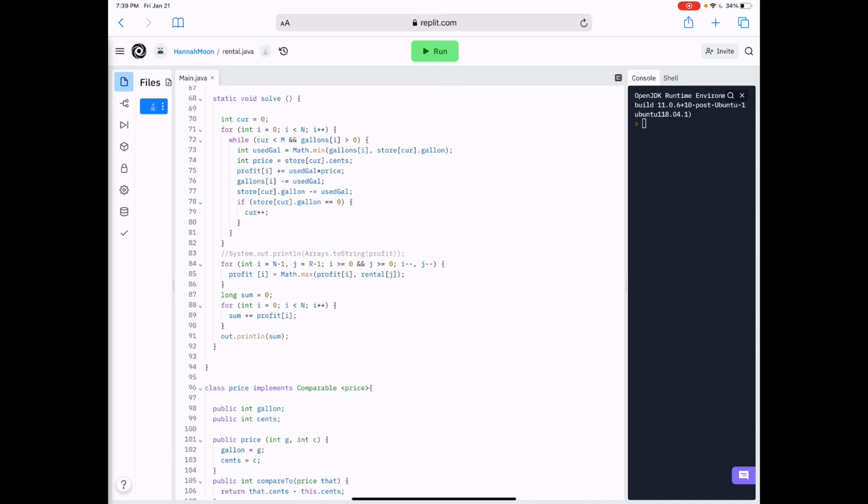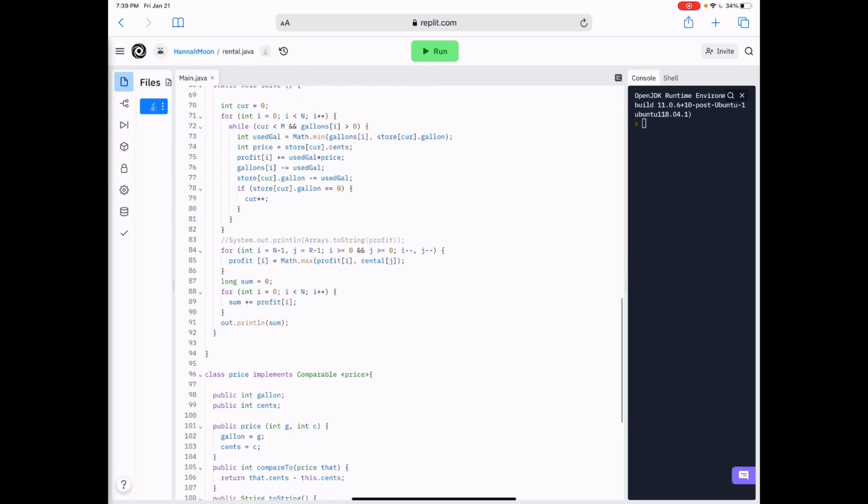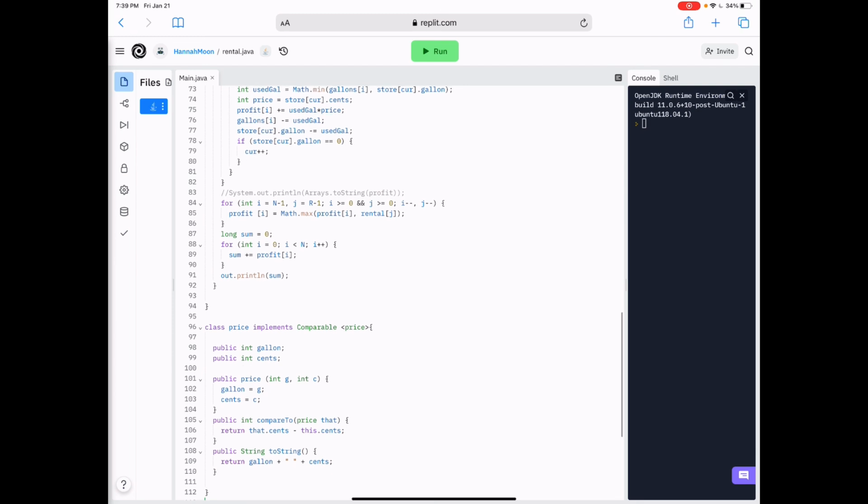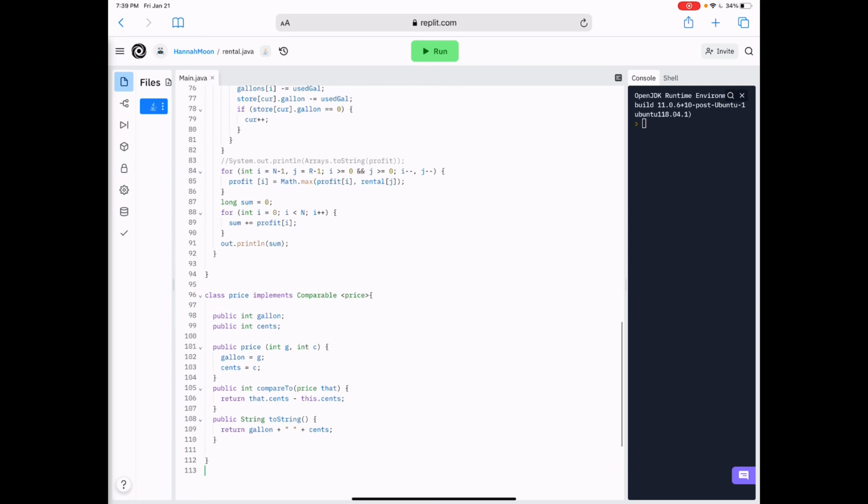The profit is going to be increased by the number of used gallons times the price, and then I remove the used gallons from the store's gallons. If the store's gallons become 0, that means we've finished using a whole cow, and therefore we can add 1 to current.